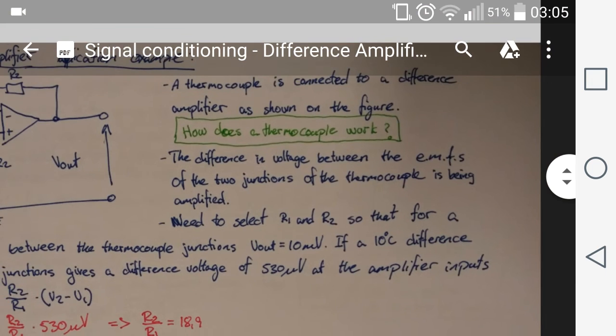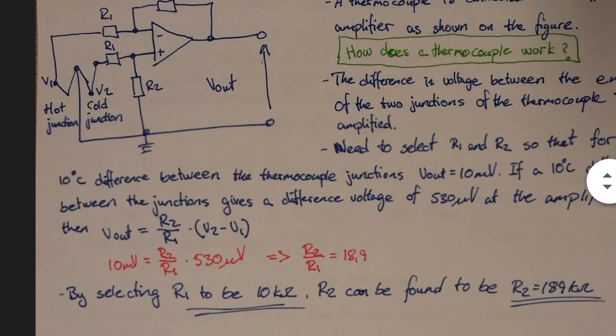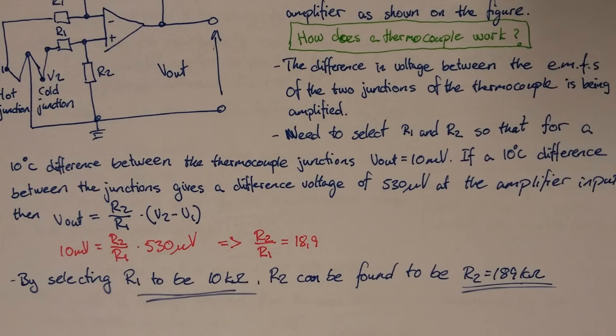We need to select resistors R1 and R2 so that for a 10-degree difference between the thermocouple junctions, we get an output signal of 10 millivolt.